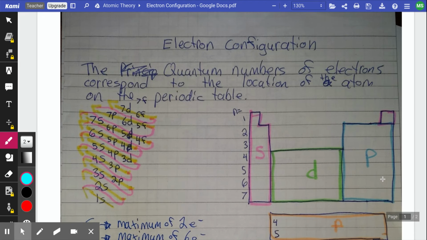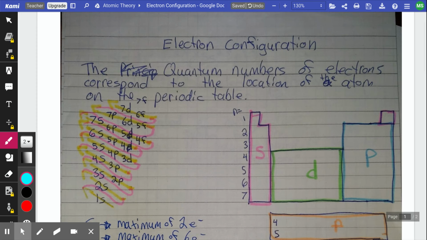So I've drawn a couple diagrams here for you. I'm going to talk about the diagram on the right first, the one that looks like the periodic table. The position that the atom is in on the periodic table tells you the location of the outermost electron, the last electron that the atom has.